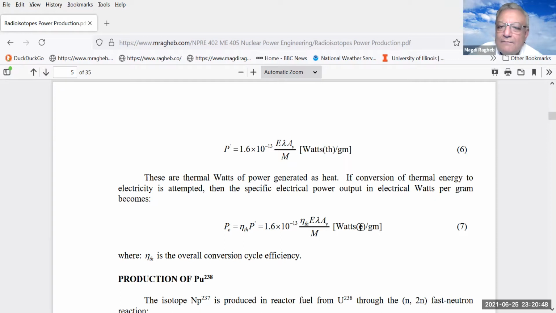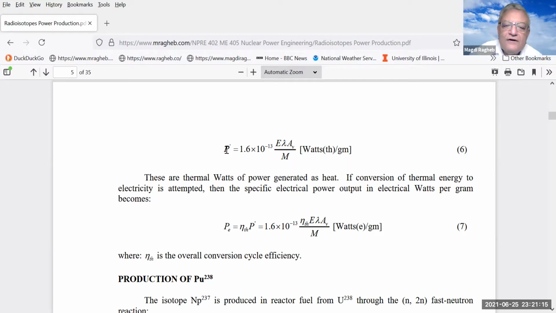It could be mechanical power, it could be aerodynamic power, say in wind turbines. Here, this is thermal because it's heat generation. And then here it's in the form of electricity. We're going to use that very simple relationship really for the design, as I'll show you in a moment, of how much material, say, you need to produce a certain amount of power of the radioactive isotope.